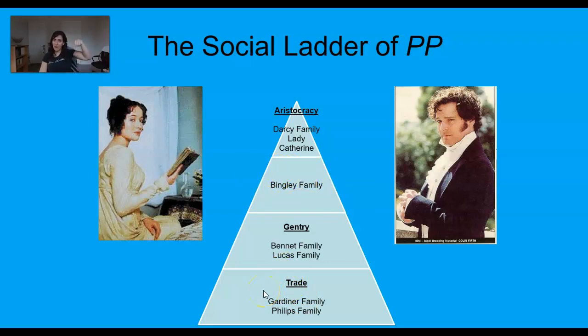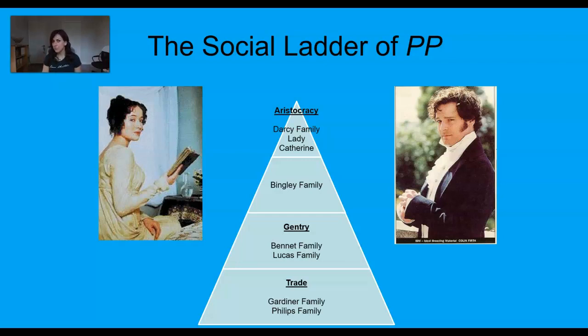They were down there in the trade category, and Mr. Bingley's dad earned so much wealth that he was able to buy an estate. So they're hanging out with aristocrats, but they're not really aristocrats. They might have that title here and there, but they're not considered landed gentry. So that's why they're a little bit below.